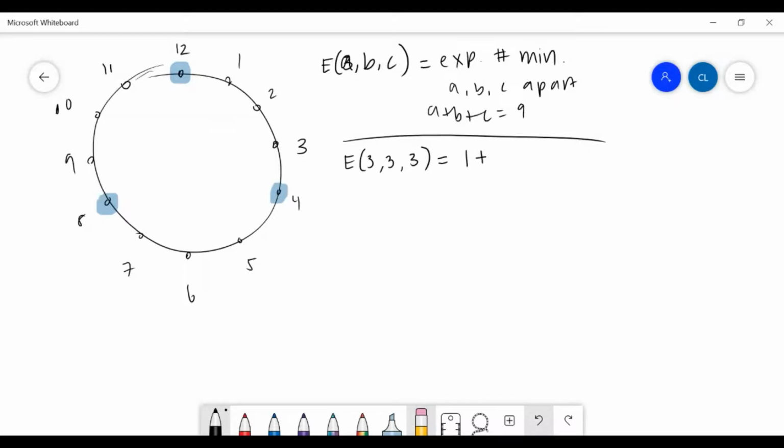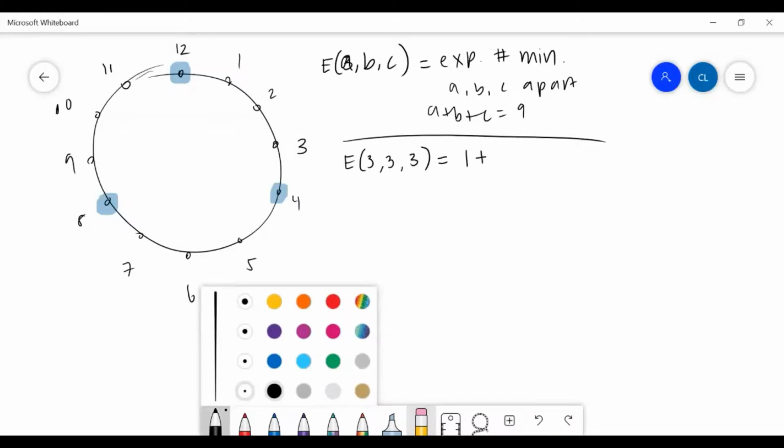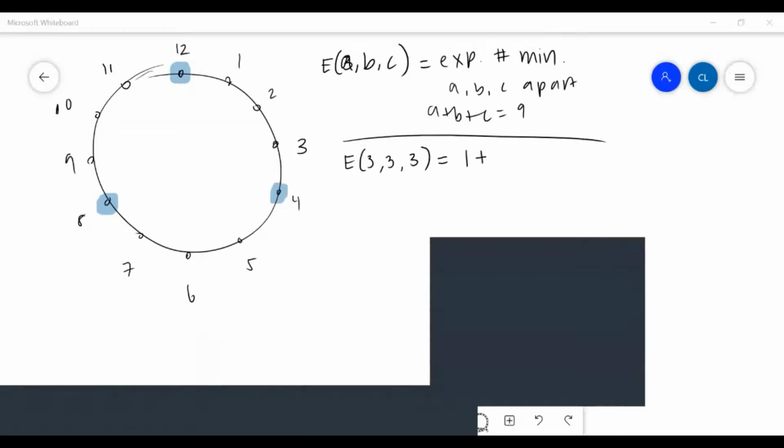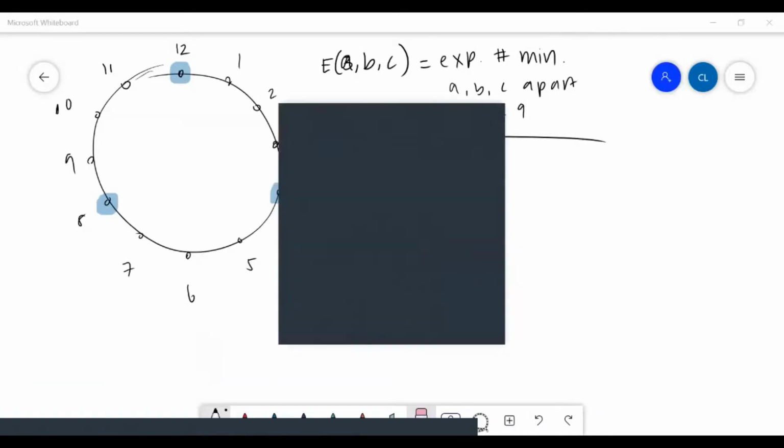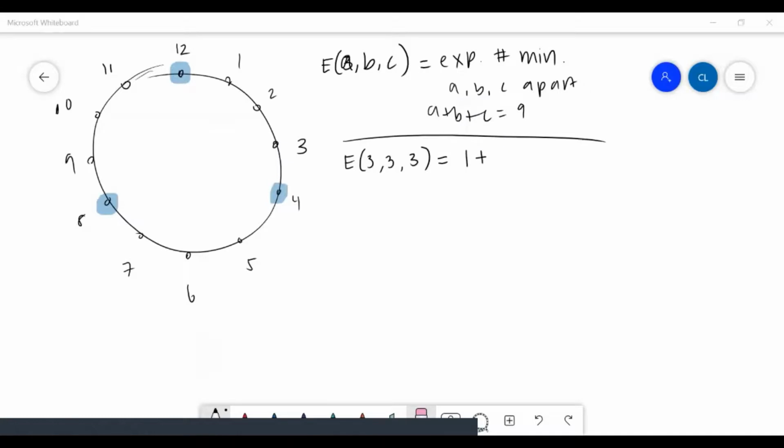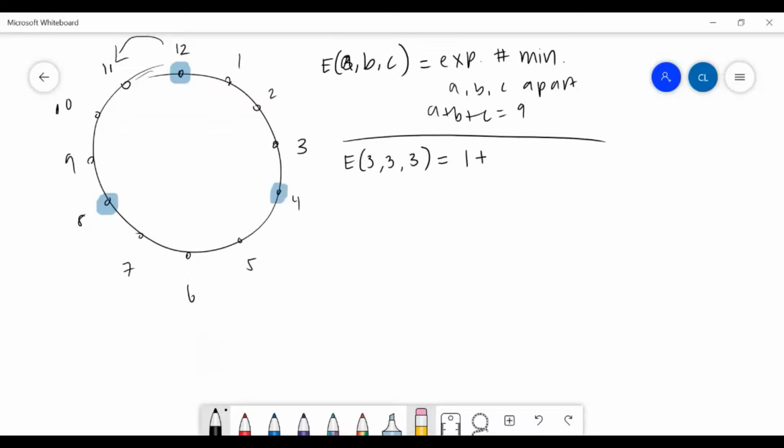Okay, I'm going to assume that the frog at 12 will go to 11, and then if the one at 12 goes to 1, then it's just symmetric. So later we're going to multiply by 2. So 2 times something.